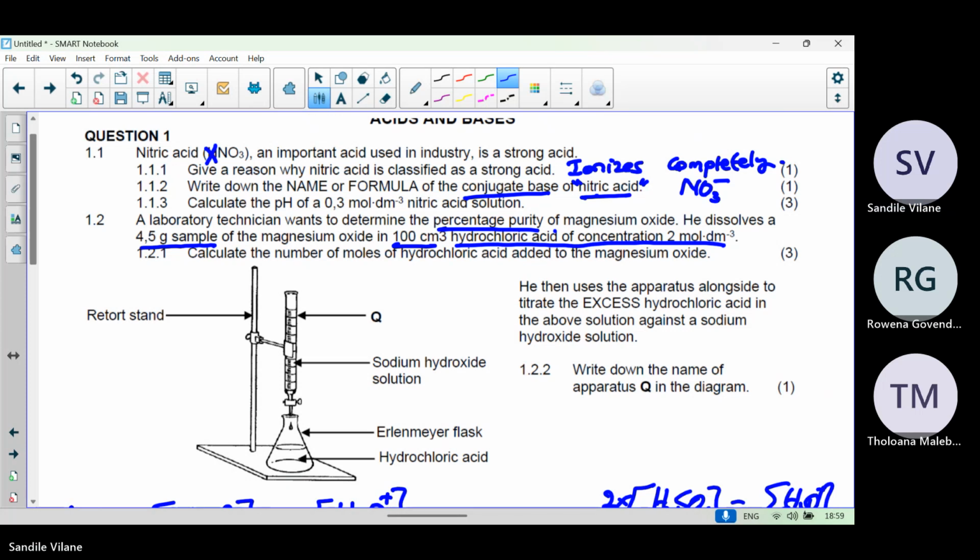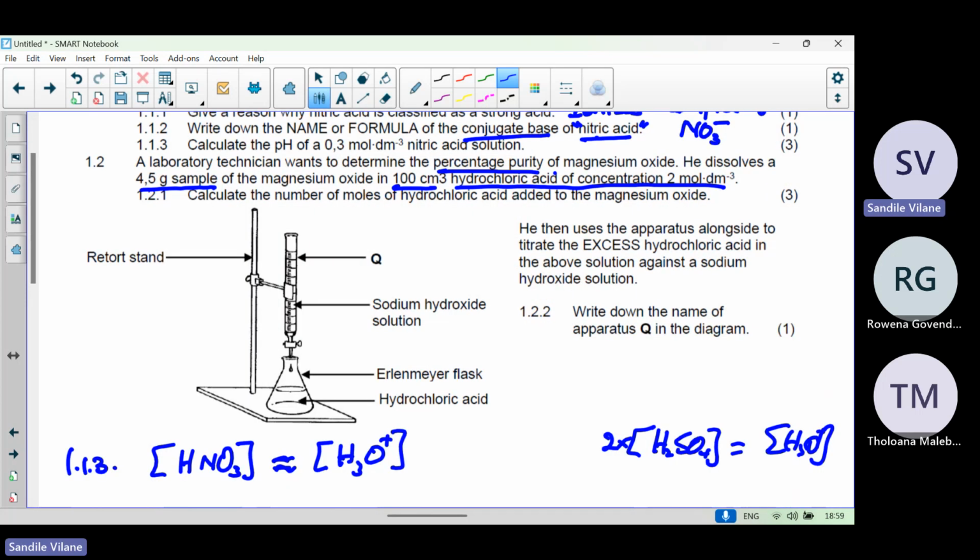One, the laboratory technician dissolves this magnesium oxide in 100 cubic centimeters of hydrochloric acid. Then the remaining acid is titrated against the sodium hydroxide. So there are 2 things that you are doing here. Be careful. Please stay with me here.